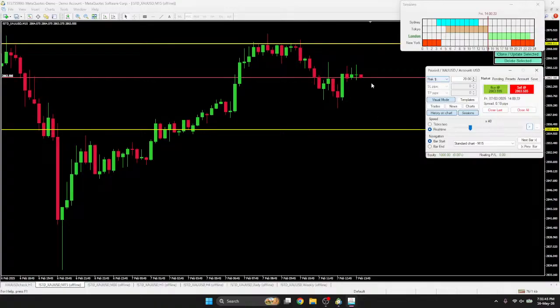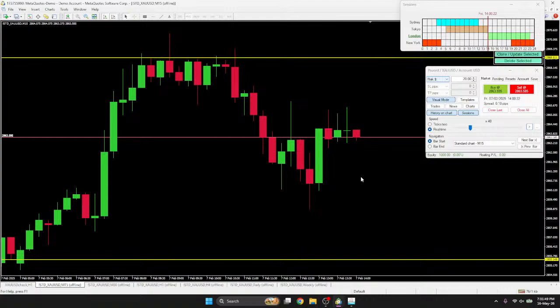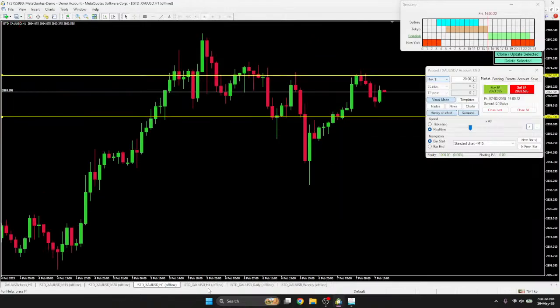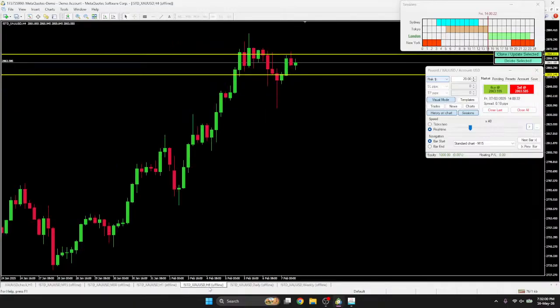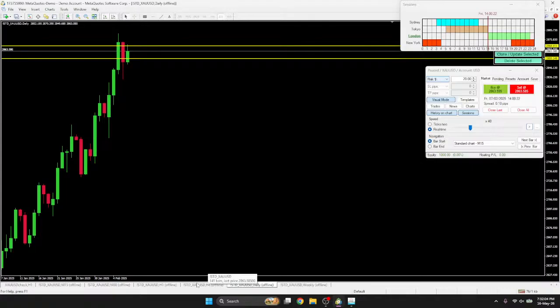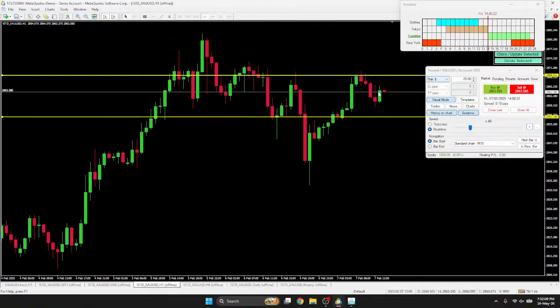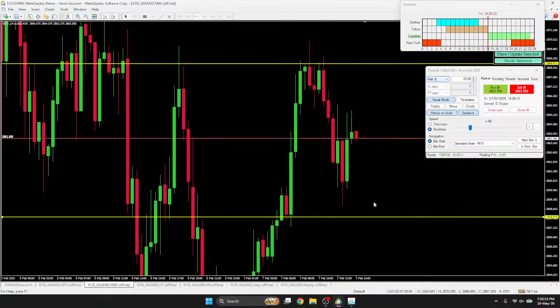Okay, the candle just closed, and the London session just opened. What can the market do at this area? We should look at 30 minute, 1 hour, 4 hour, and also daily. Daily is bullish, 4 hour is bullish, the previous 1 hour candle closed bullish, and the current 1 hour also just opened.